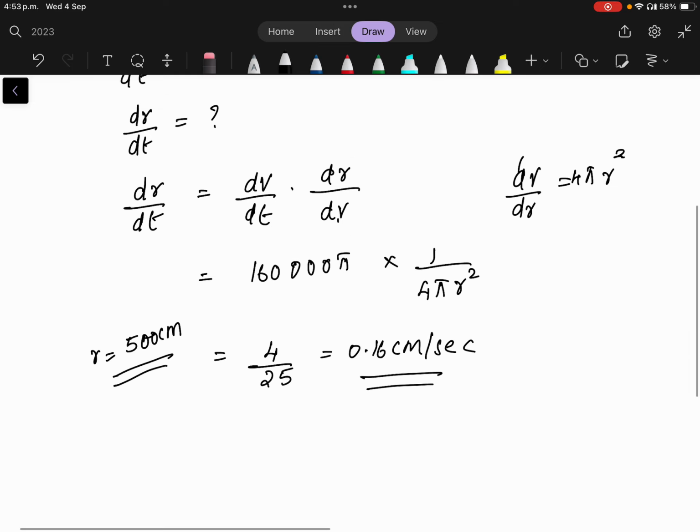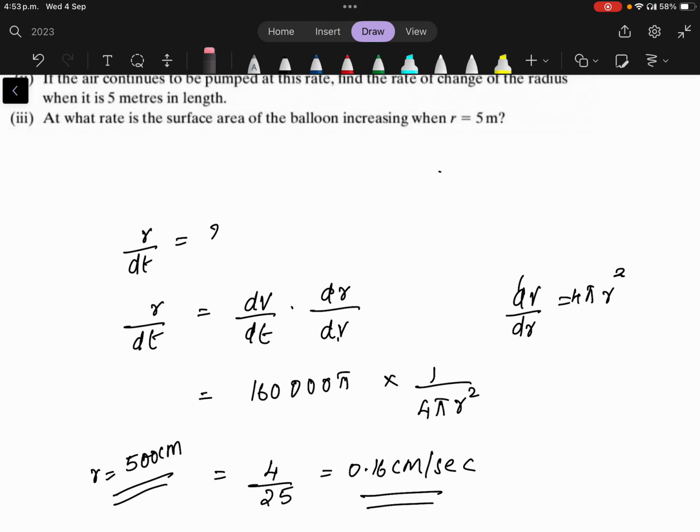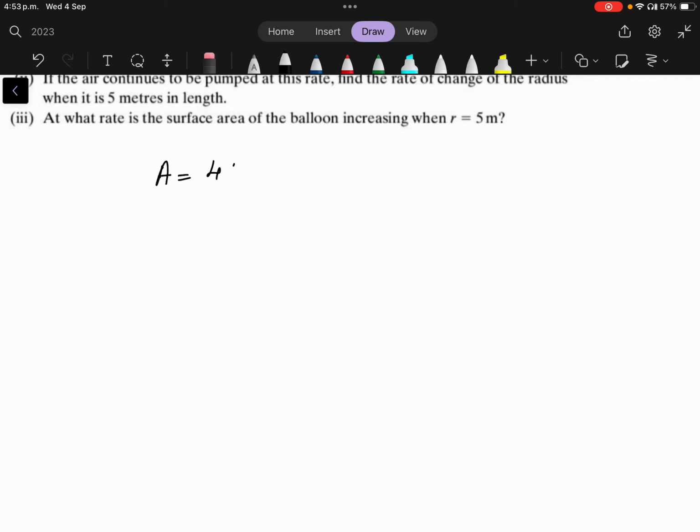Now moving on to the third question, at what rate is the surface area of the balloon increasing when r is equal to 5 meters? So now we have to go to the formula book, find the surface area, and you will find the surface area is equal to 4 pi r square. So then dA by dt is equal to dA by dr times dr by dt.